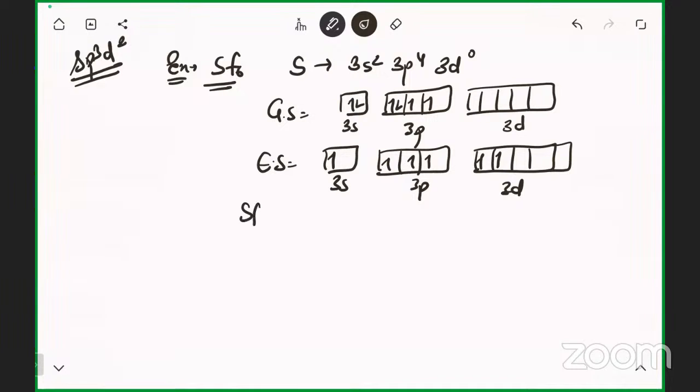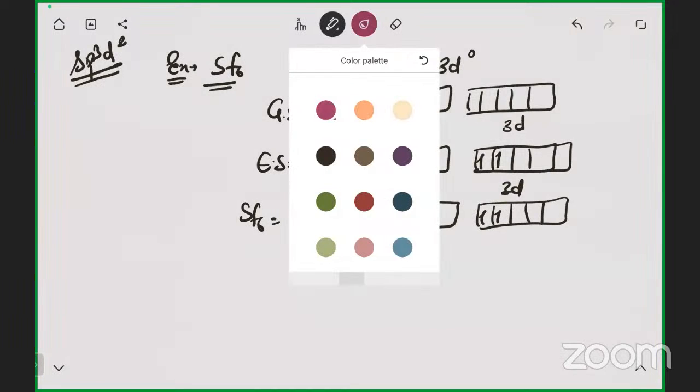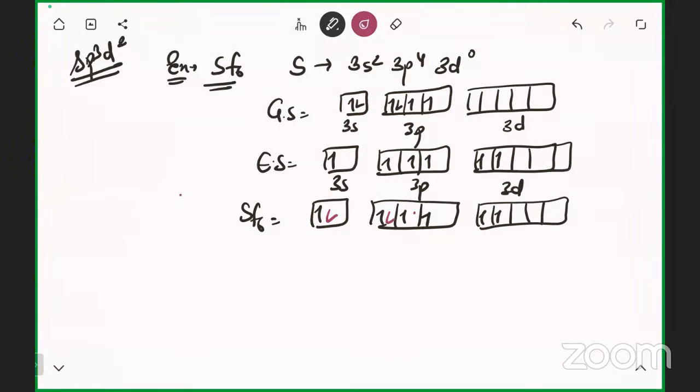So we have SF6. For forming SF6, I have 6 fluorine atoms. They will put the electrons here, here, here, here, here, and here. So 1s, 3p, and 2d orbitals undergo hybridization. So it is known as what? sp3d2 hybridization.